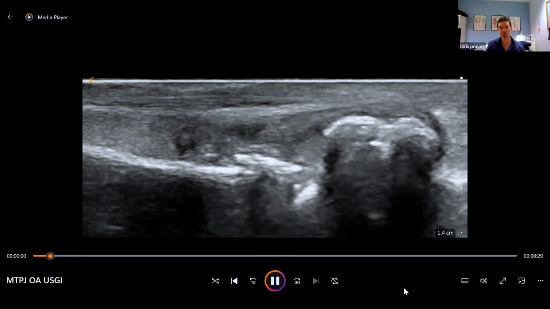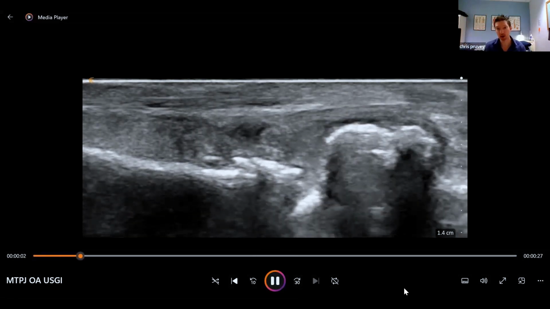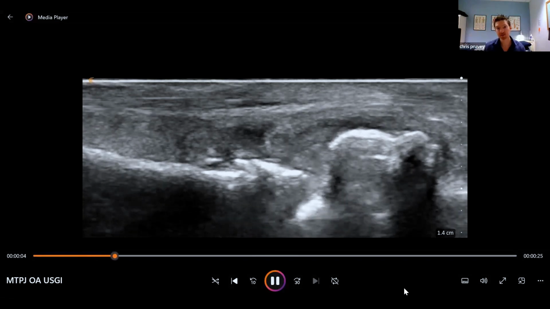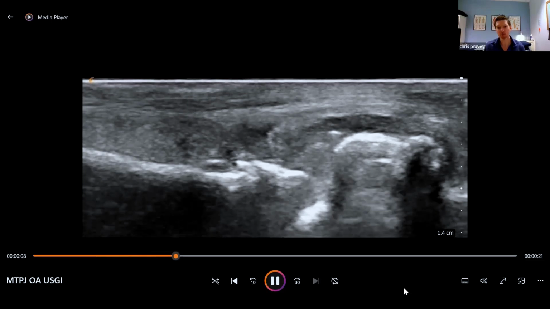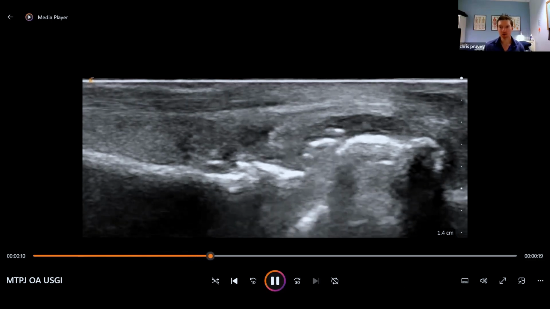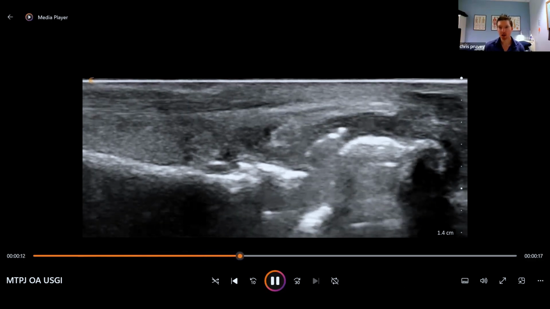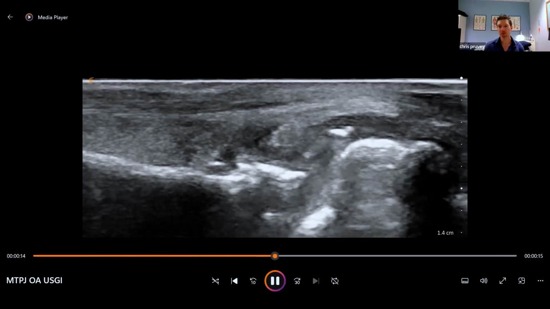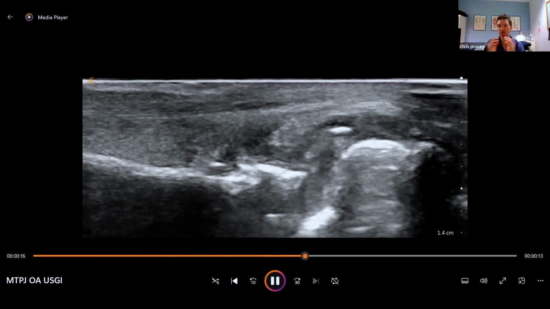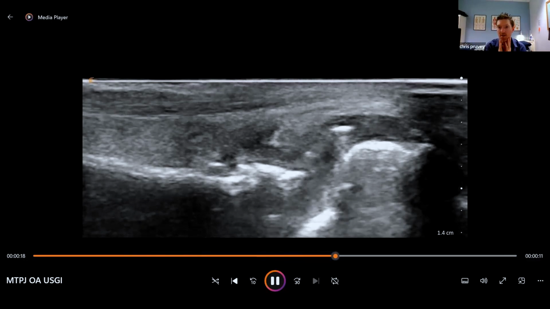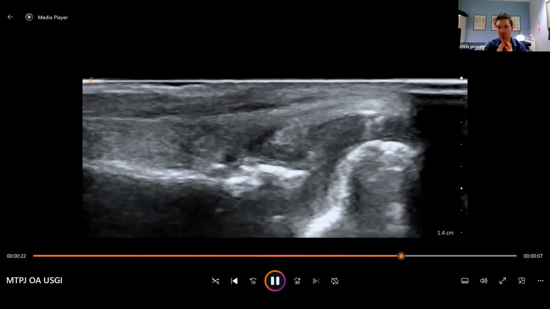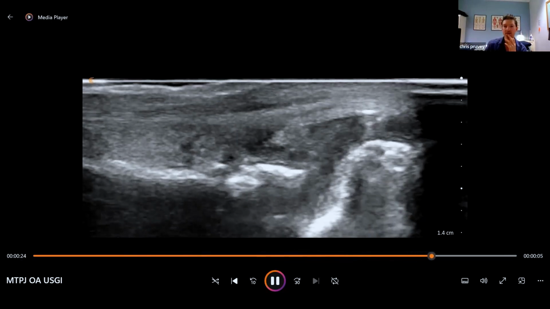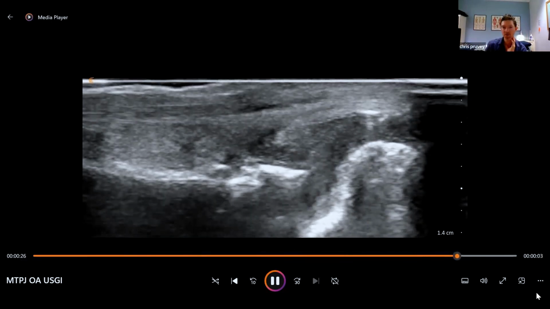Again, you'll see the joint crevice open up with all the fluid there. So you're definitely in the right place. Something like that would be, I don't want to say impossible, but a very low chance you'd be able to get in the joint with all that osteophytosis in the way. Almost impossible, I'd say. And it'd certainly be a lot more painful. This was totally pain-free.